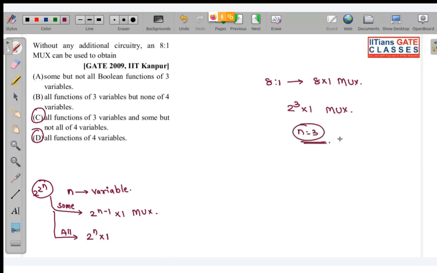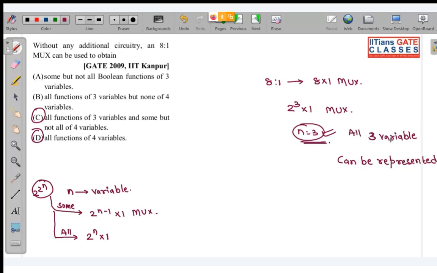So if we have an 8 cross 1 mux, all three variables can be represented using an 8 cross 1 mux.